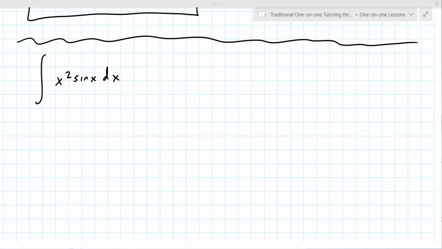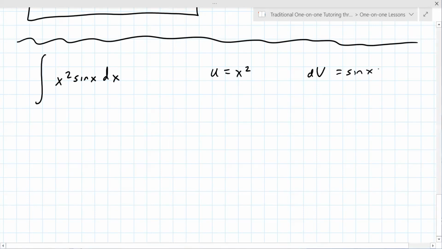So the u is 2x or x squared. Just x squared. Your u is x squared, du is 2x, and dv is sine x dx.